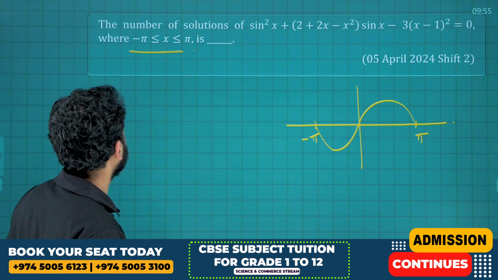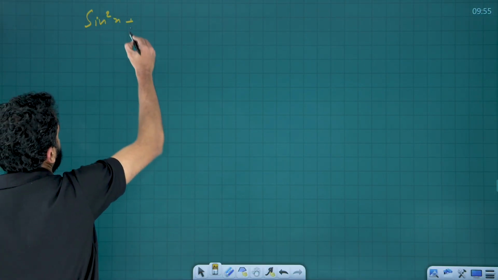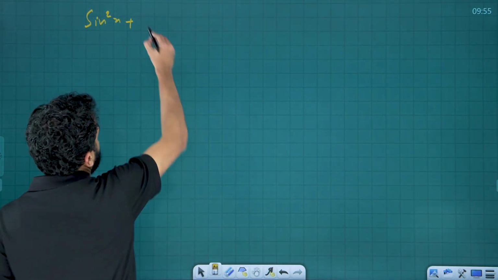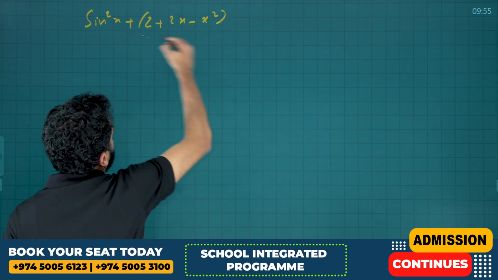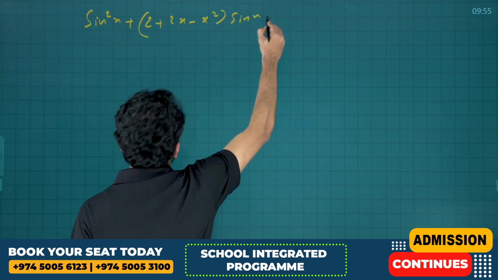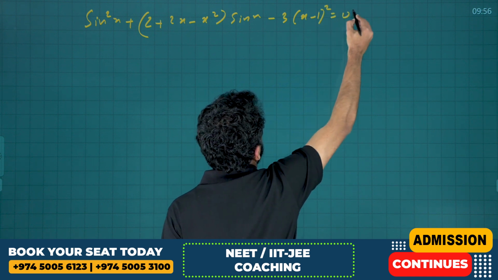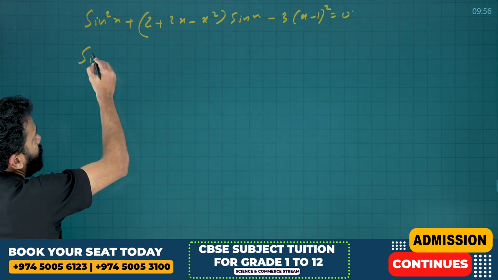That is, you need to write this equation once more. That is sin square x plus (2 plus 2x minus x square) sin x minus 3 into (x minus 1) whole square is equal to 0. So, what will be the value of sin x?